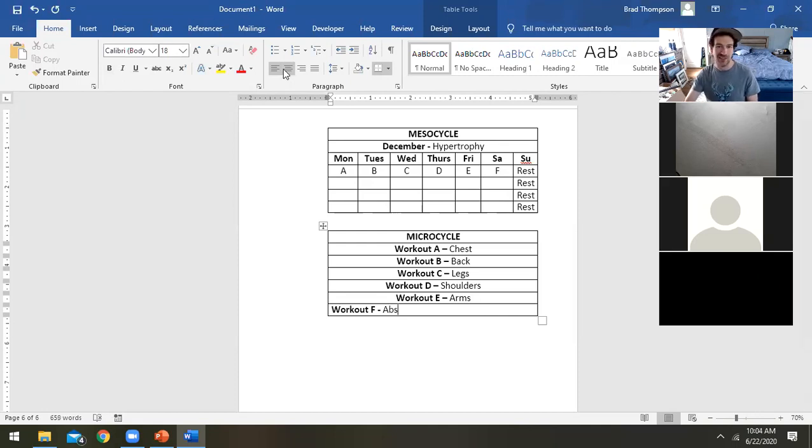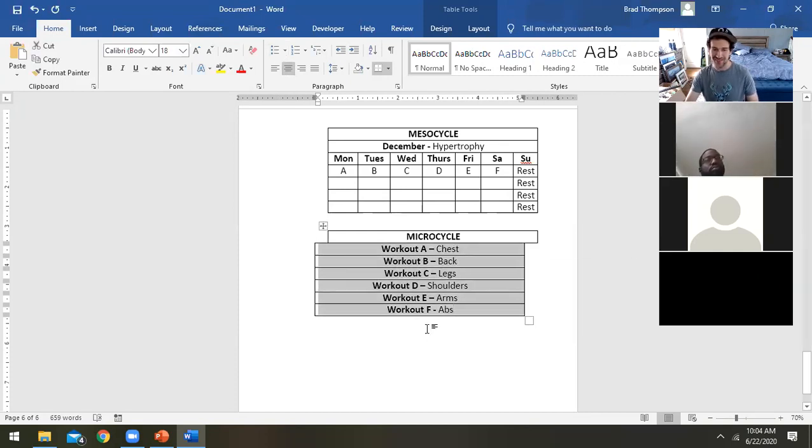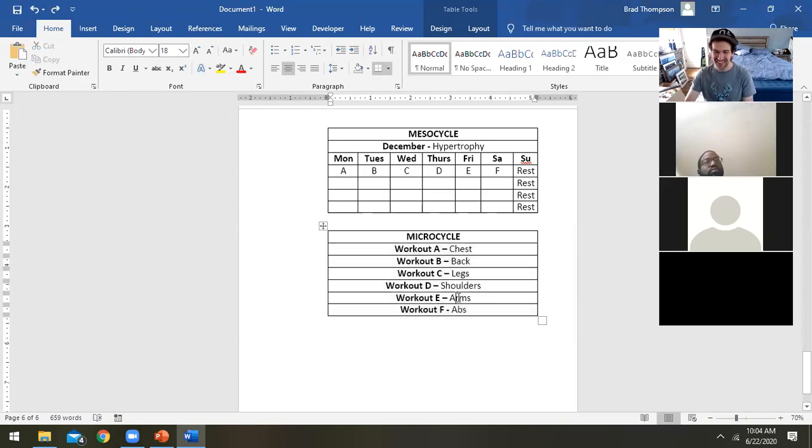A whole freaking day dedicated to abs. Don't do it. It's a waste of time. But there it is. There's the classic freaking 6-day split. Hate it. It's against everything I like. But there's your classic, right? A, B, C, D, E, F.